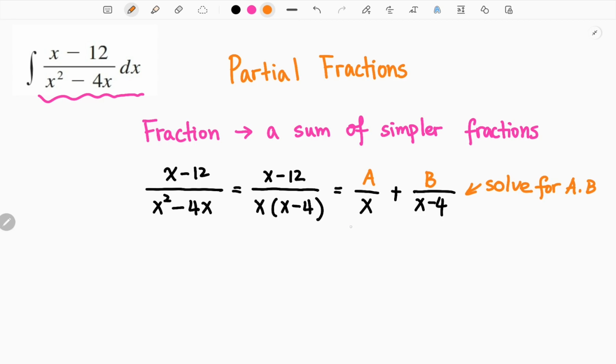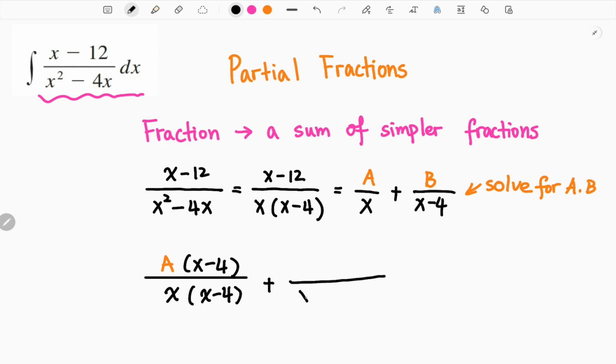Okay, if we want to add the right side together, what we would do is to multiply by the common denominator. For the first term you would have x times x minus 4 on the bottom. On top you would have A times x minus 4. For the second term, you would have the same denominator, x times x minus 4. On top, you would have B times x.